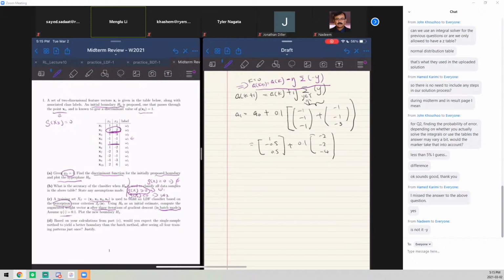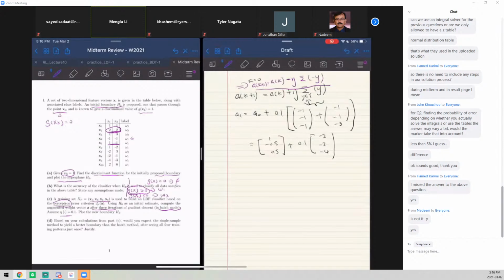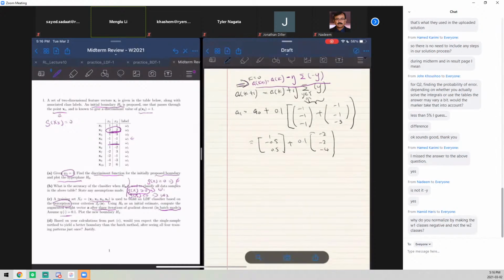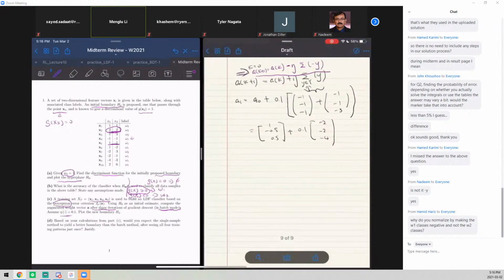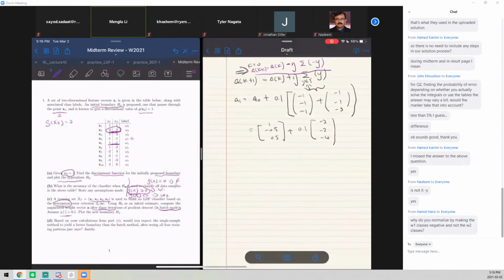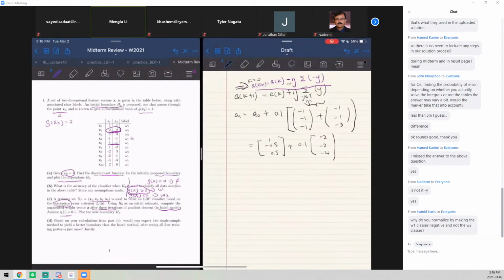Is that clear? So here I just use the plus. Okay, good. But the original function is minus, because you use the perceptron criterion function. If you use another criterion function, like the square one, when we apply this update rule, it's minus here.